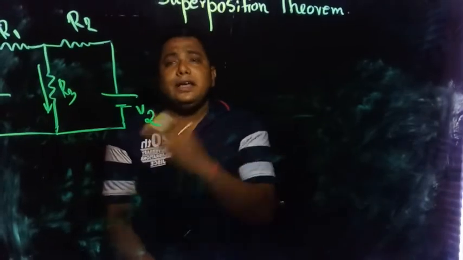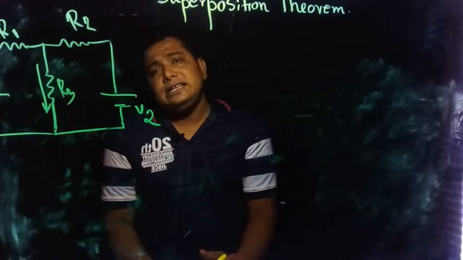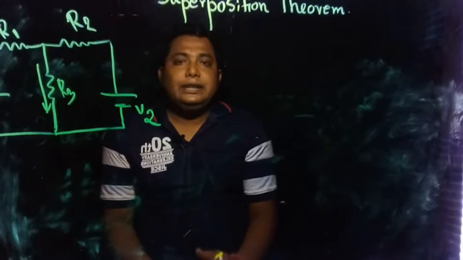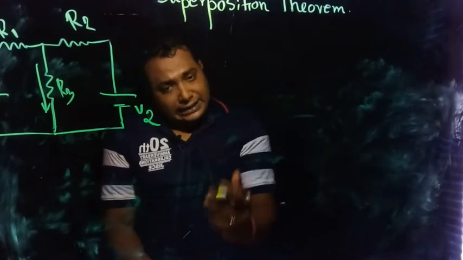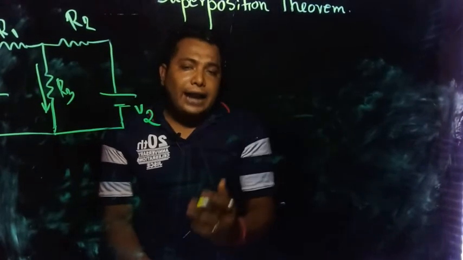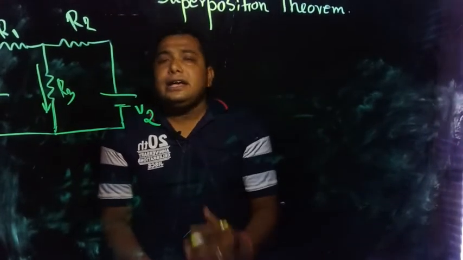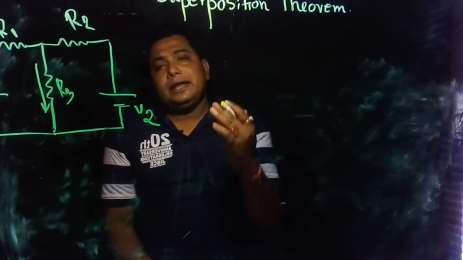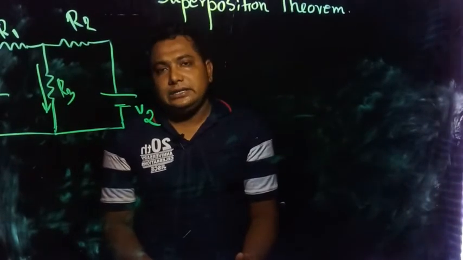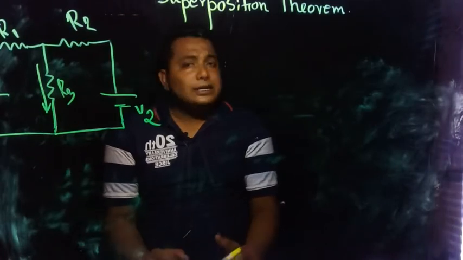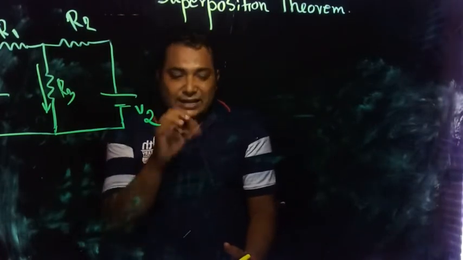Like this, consider a single source at a time, find the individual current for each source, and at the end add or subtract the currents as per their direction. If the current directions are the same, they will be additive. If the individual current directions are opposite to each other, then they will be subtractive. Like this way we can solve this theorem.